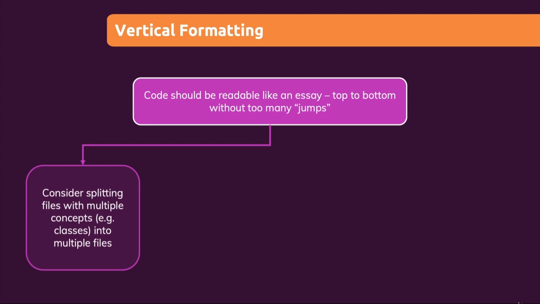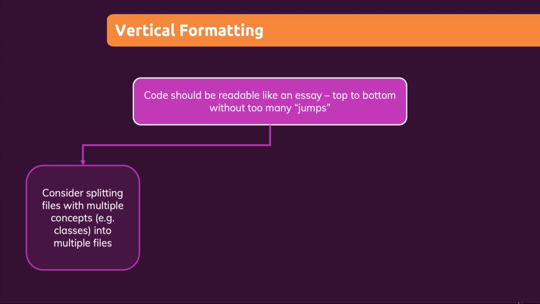But in general, whenever you have a file with a lot of different concepts, for example, multiple classes being defined in one file, then it is probably too big and you should split your file into multiple files. For example, as a rule of thumb, if you are working with classes, it is a good rule that you should have one class per file, not more than that. And this will help with keeping your files short and therefore readable.